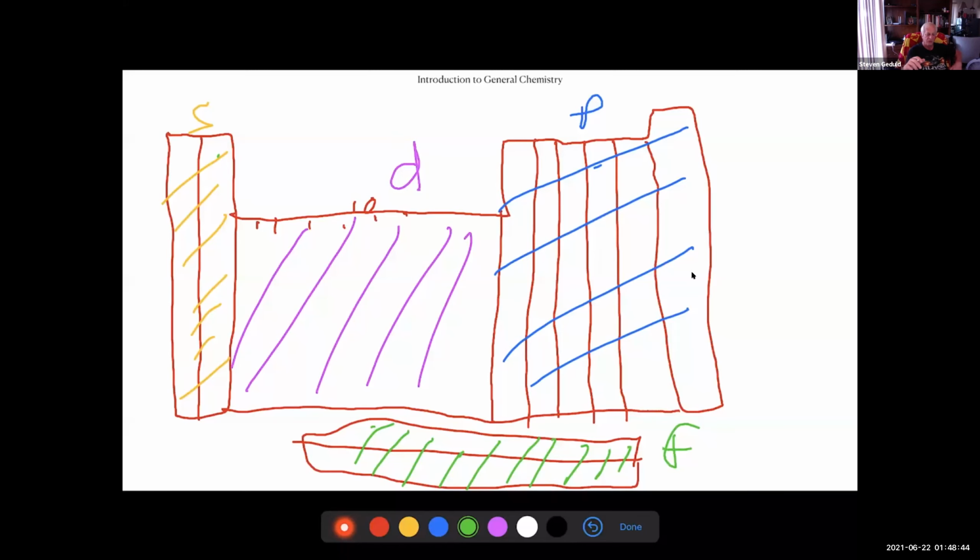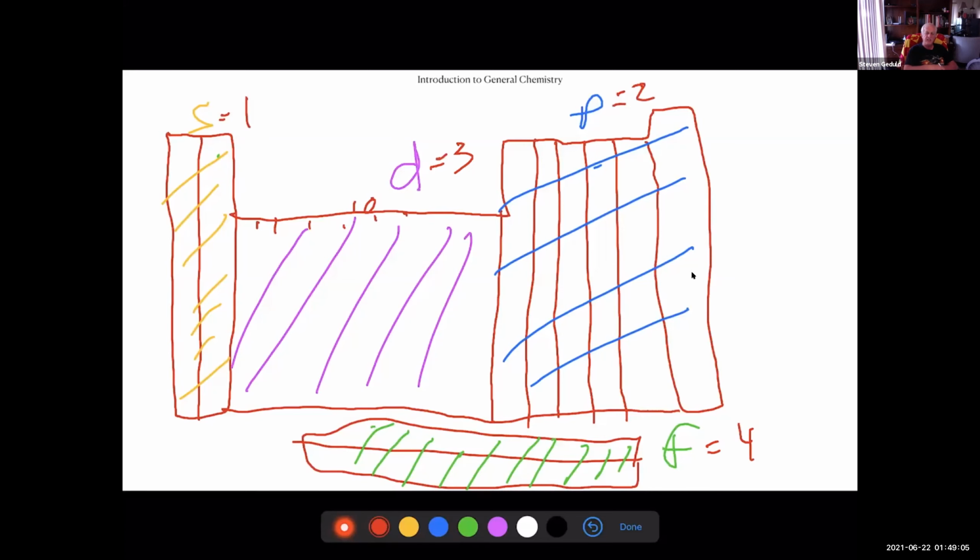The rule to remember is where your S, P, D's, and F's are. S's start with 1. P's start with 2. D's start with 3. And F's start with 4. That you need to know.